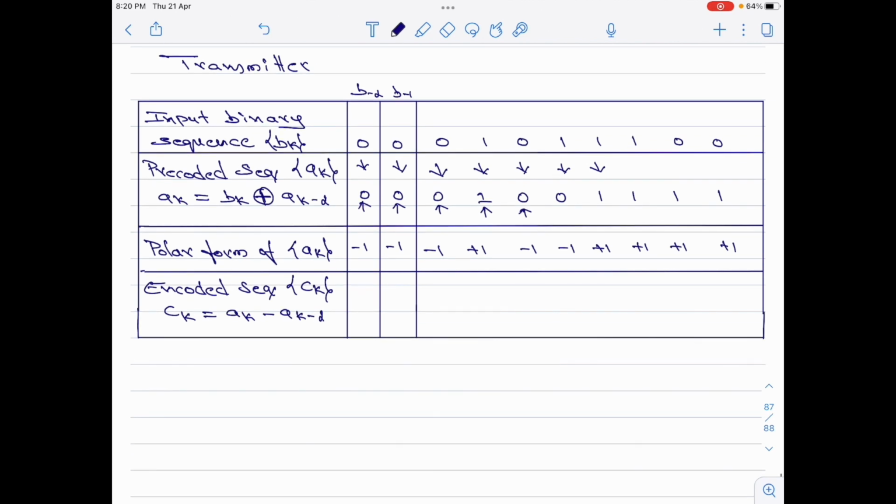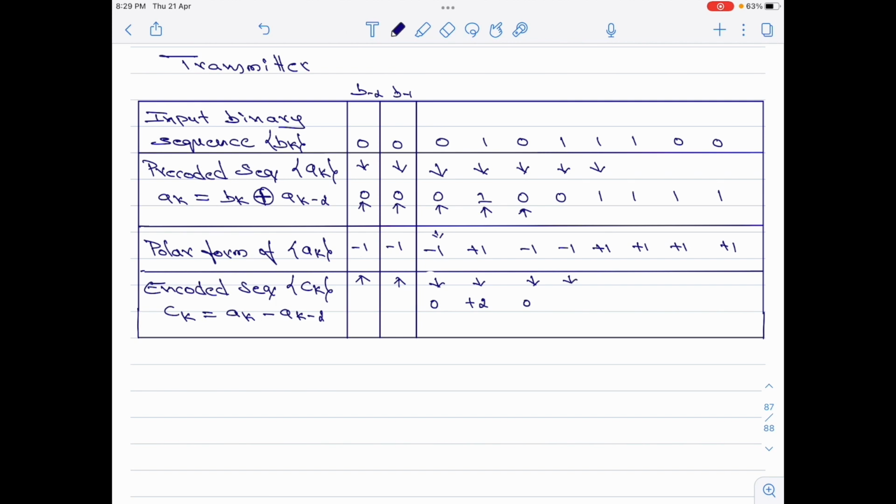Okay, let me start the operation here. So at this point it is minus 1, minus of minus 1, it is 0. At this point it is plus 1, minus of minus 1, it is plus 2. At this point it is minus 1, minus of minus 1, which is 0.